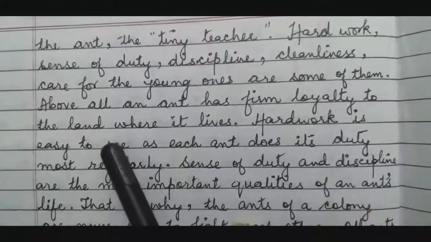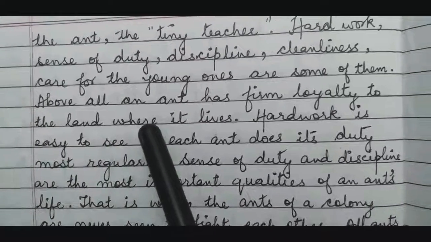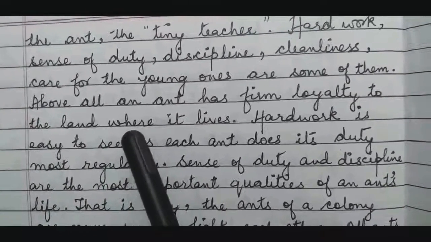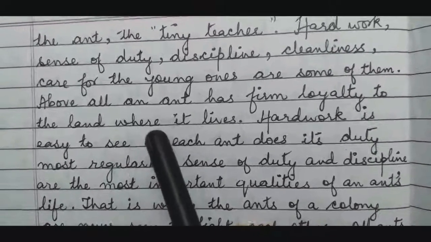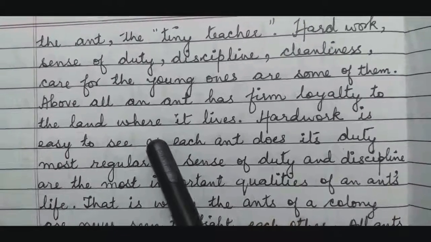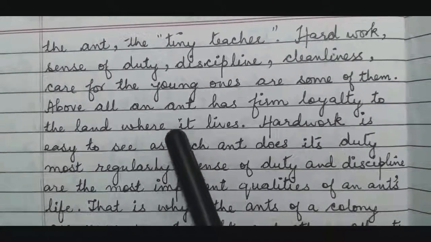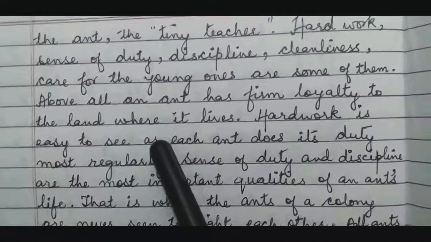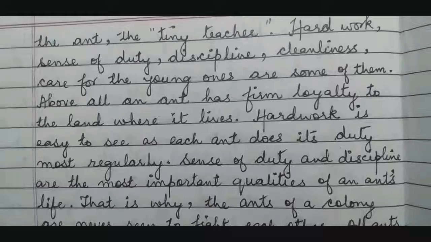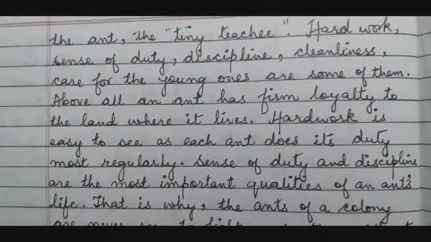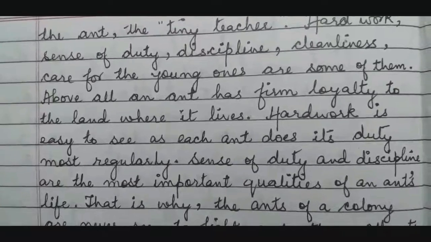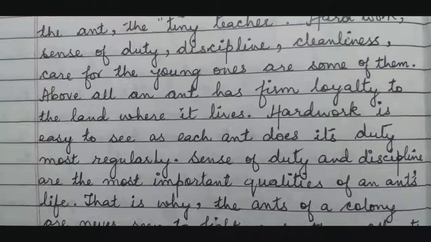The queen needs all of them to do the work, and all the ants do the work without any hesitation, without thinking of it as a burden. But we human beings, what do we do? When we see that someone else is there to help us, then we throw all our work on that person. That means we think our work is a burden.